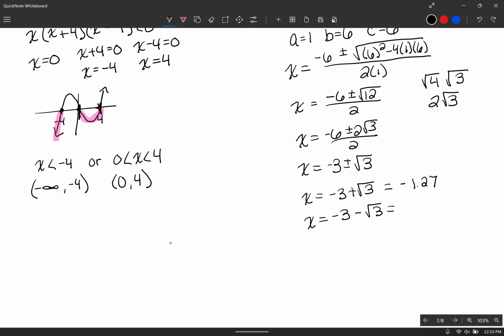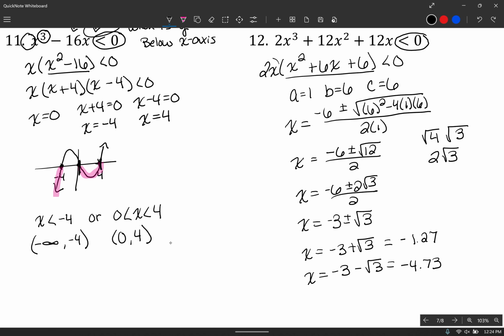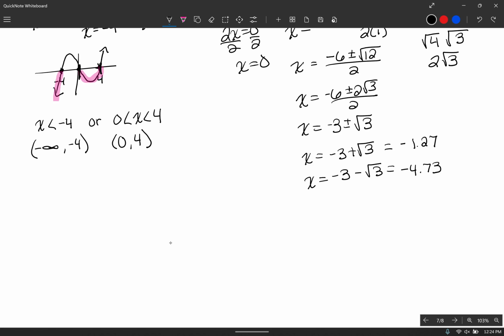And if I take negative 3 and subtract the square root of 3, I get negative 4.73. And let's not forget we did have a factor of 2x, so we're going to set that equal to 0, which means I have another zero at 0. So if I made myself just a little graph here, I have negative 4.73, I have negative 1.27, and I have 0.